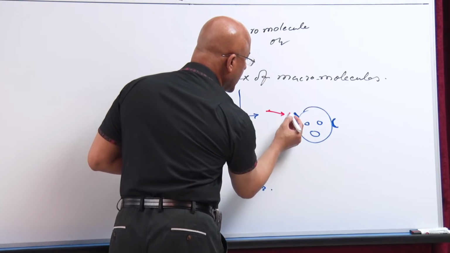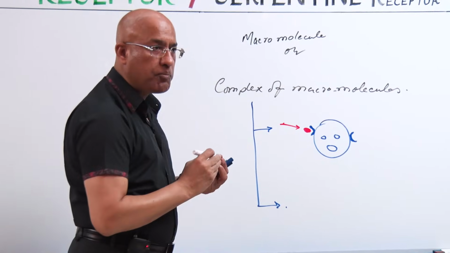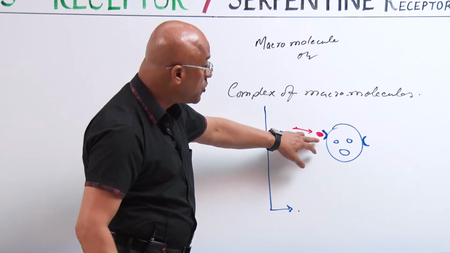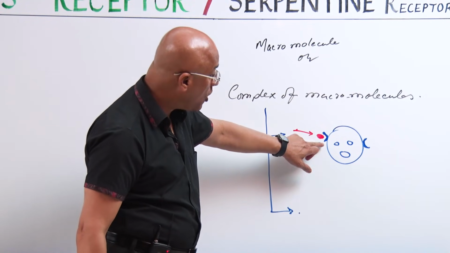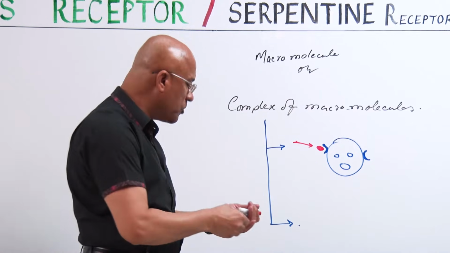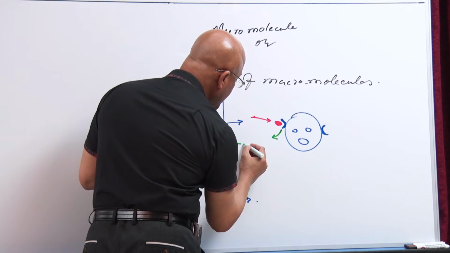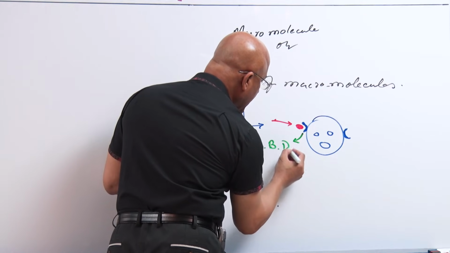Let's suppose this is the molecule which can bind here. Such a molecule would bind with a specific domain of a receptor. This is called the ligand binding domain.